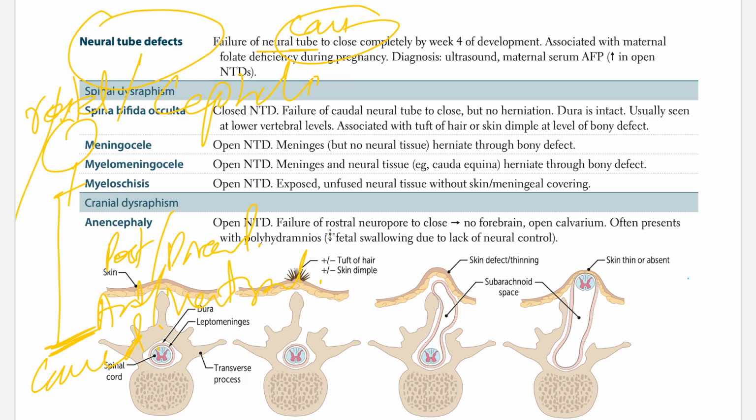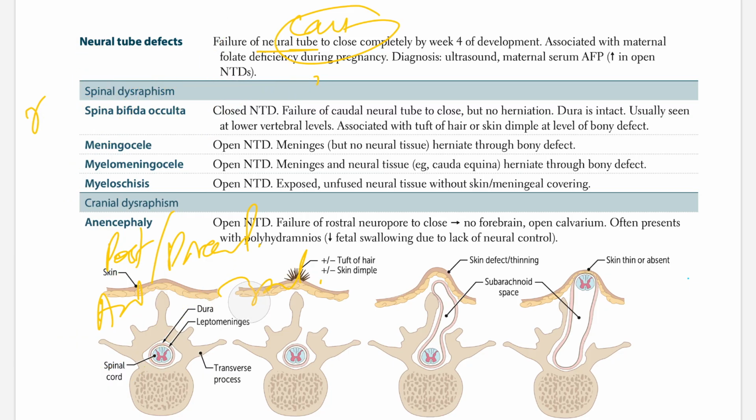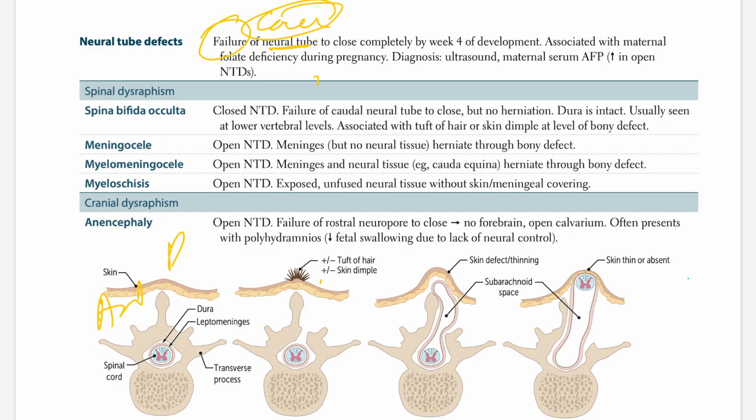So this is just terminology, but this is how you'll hear it: we were talking about rostral and caudal. Caudal here is all about the spinal cord, the lower vertebral column, which is the caudal end. So if the caudal neural tube fails to close by 4 weeks, you're going to get neural tube defects, which are all of these.